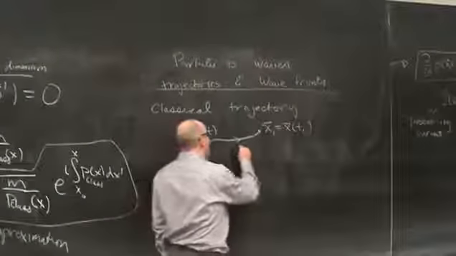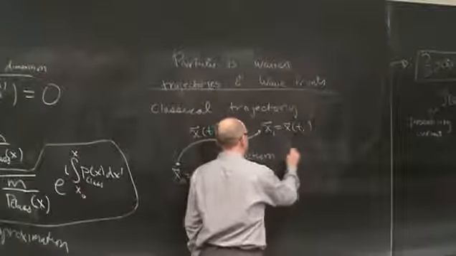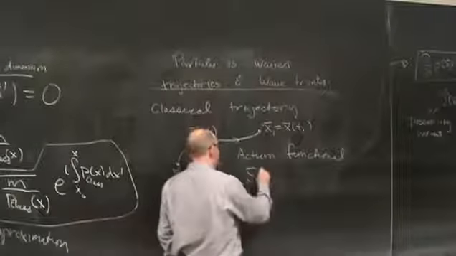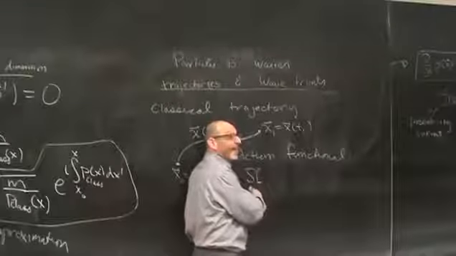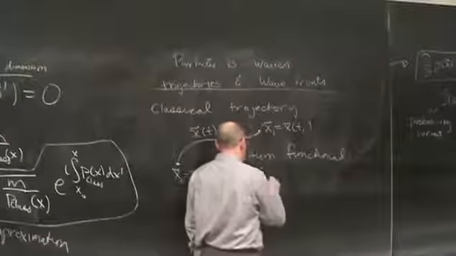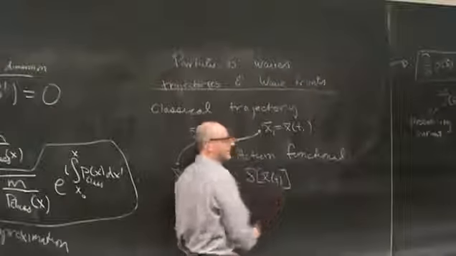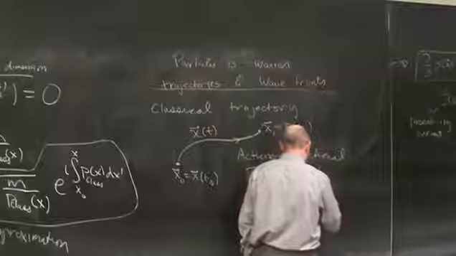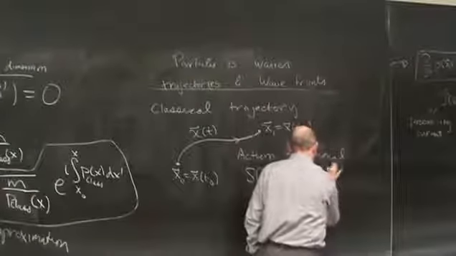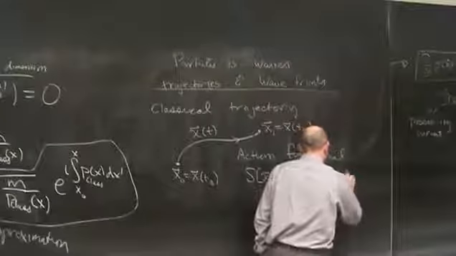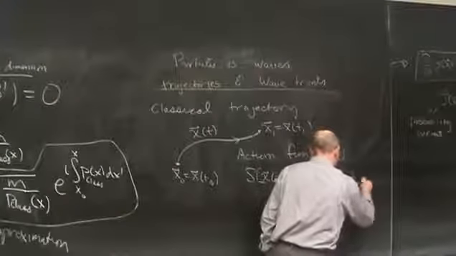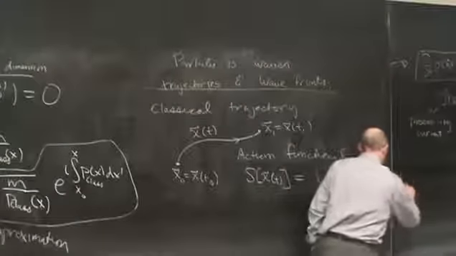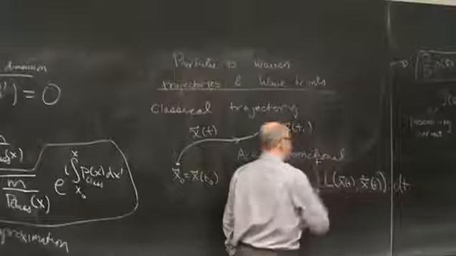Right? So we have the action, which is a functional of the trajectory. Let's just say, the action, I'm calling it S, depends on the particular trajectory. And given that trajectory, what I do is I integrate the Lagrangian, which I substitute in that trajectory and its time derivative for that particular trajectory, integrated over time from the initial time.